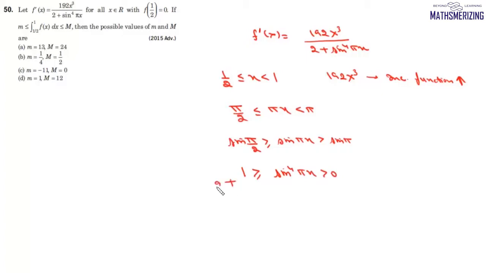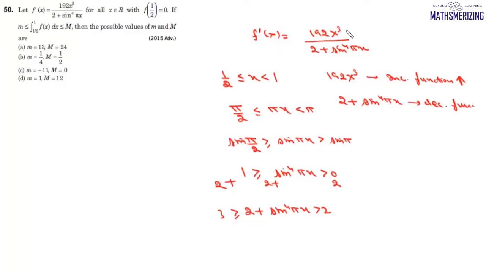Now we'll add 2. So 2 plus sine to the power 4 pi x, its value will decrease from 3 to 2. That means this 2 plus sine to the power 4 pi x is a decreasing function.